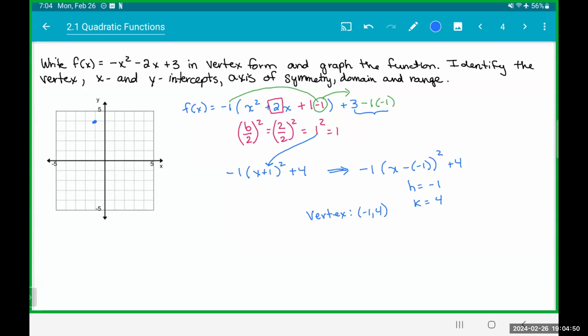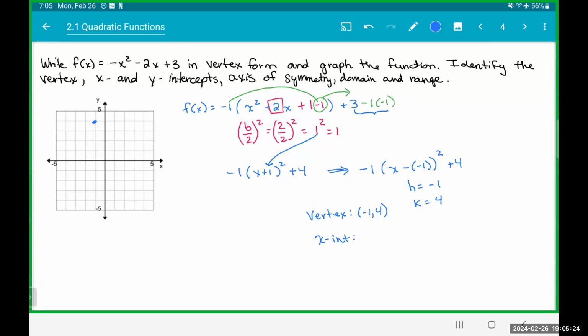Let's see what else. So the vertex, and then it wants us to have the x and y intercepts. So x-intercept is going to be, we do that in just the regular form that we always do. So off of our original equation, we can say where does our equation equal 0?